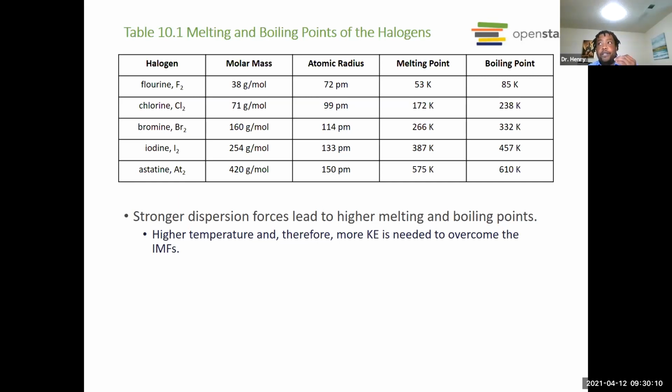If you take a look at this, the energy that it takes to get these to melt, so it melts at 53 K. That basically means it goes from solid to liquid at 53 K. 53 K is how many degrees Celsius? Negative 220.